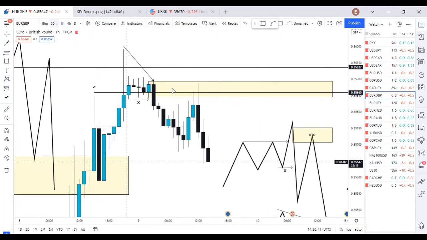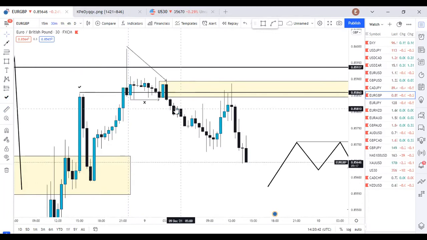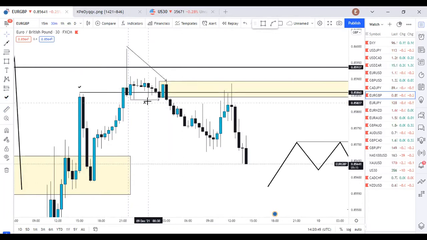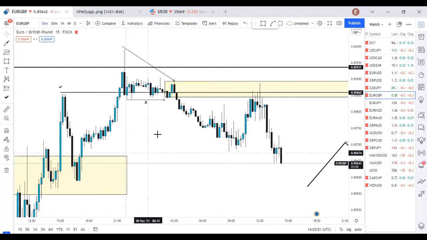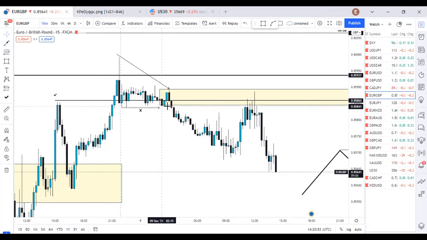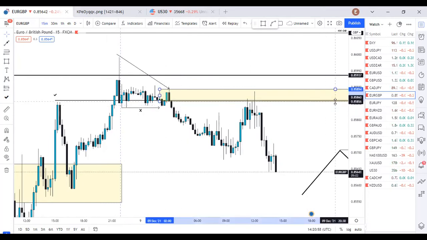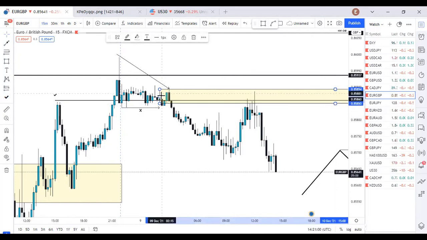If I go to 30 minutes and want to refine further, check which one is the last candle before this break. If I go to 15 minutes, before this break, I can refine it further to this, depending on the type of setup. But if I start seeing a lot of noise like this, I don't like it.